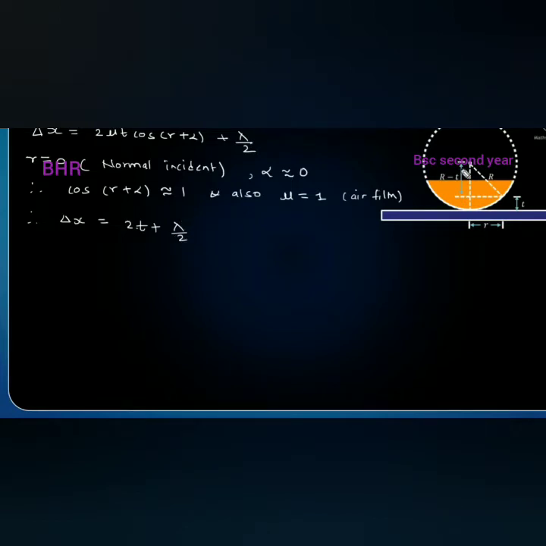Here the radius of the circle is R. So the radius of the nth ring becomes R minus t. Here t is the thickness of the air film.